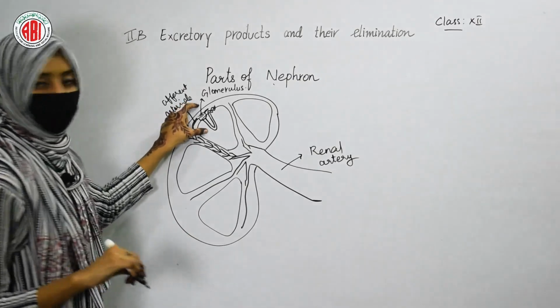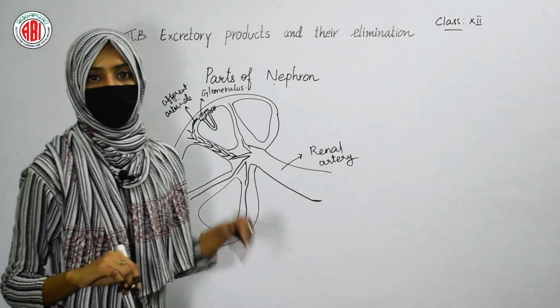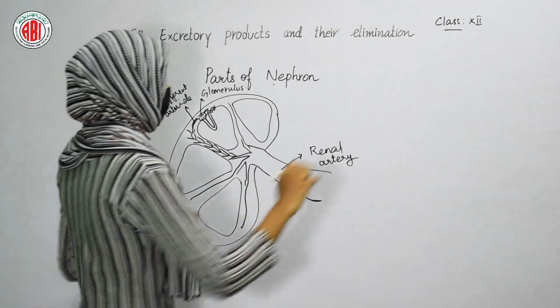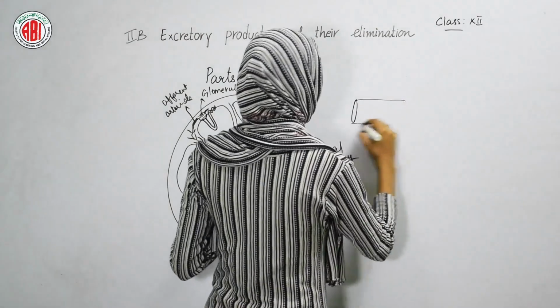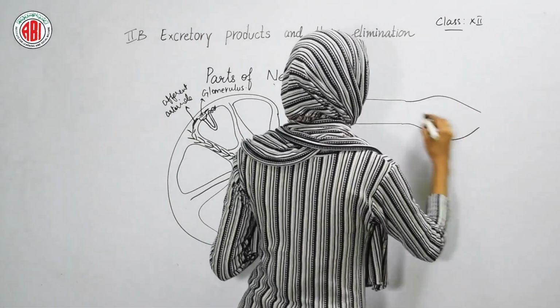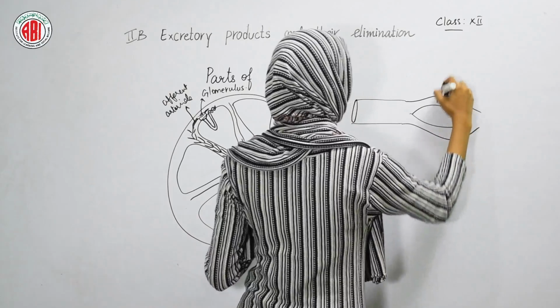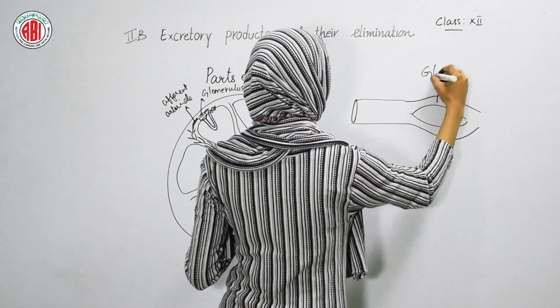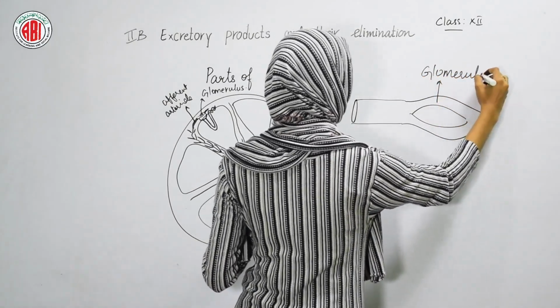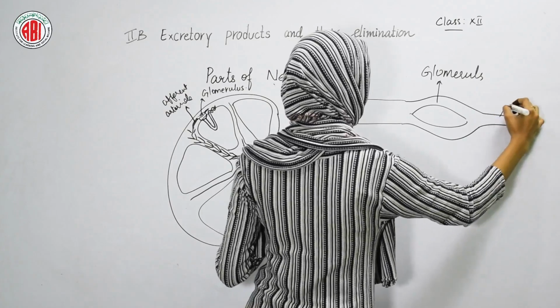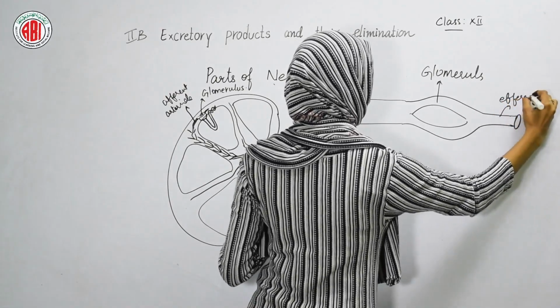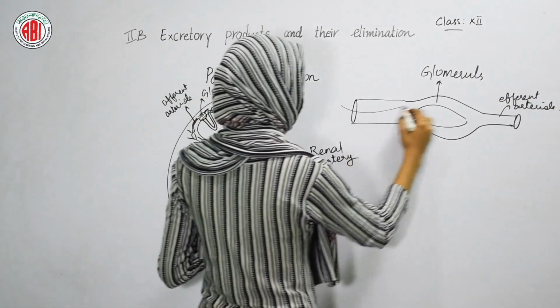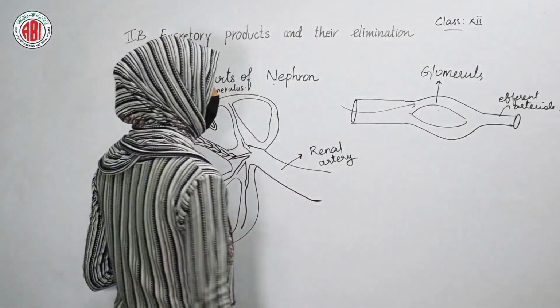Now let us elaborate the structure to know better about the glomerulus. So this is our efferent arteriole. This arteriole further extends and gives rise to a structure that is the glomerulus. This glomerulus opens into another artery, that is the efferent arteriole. Okay, so the blood from the efferent arteriole enters into the glomerulus.